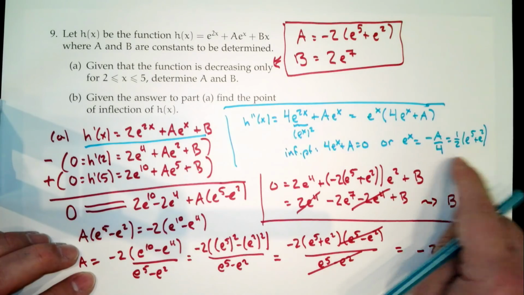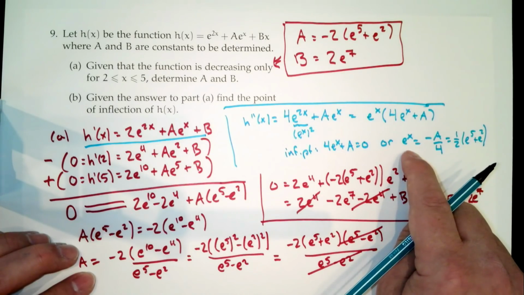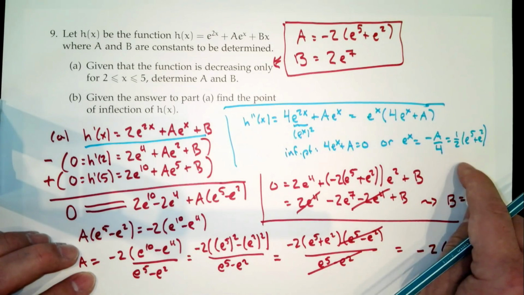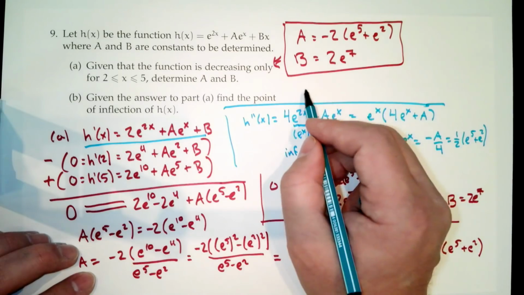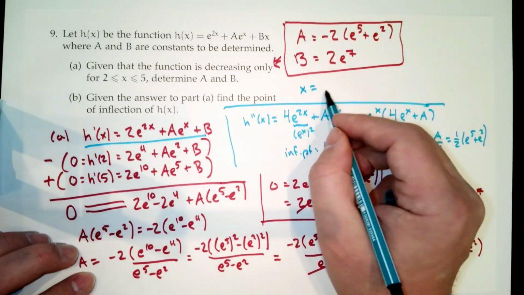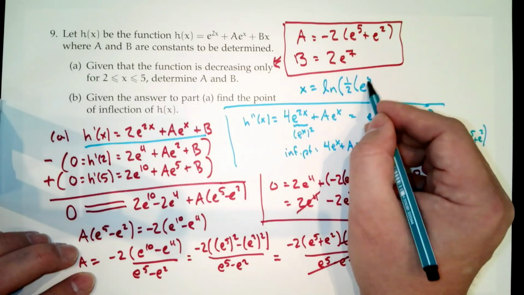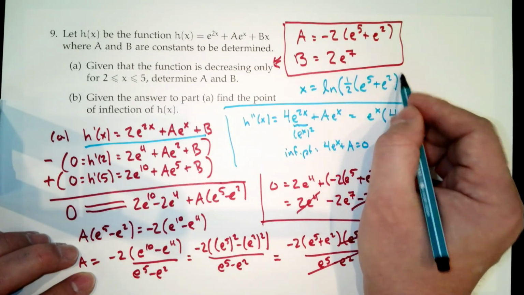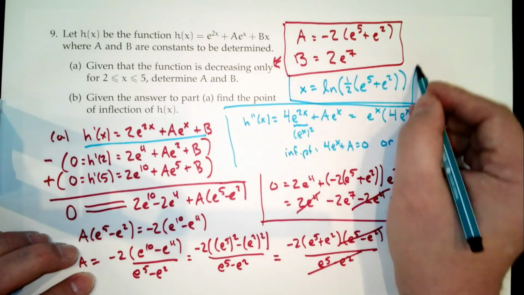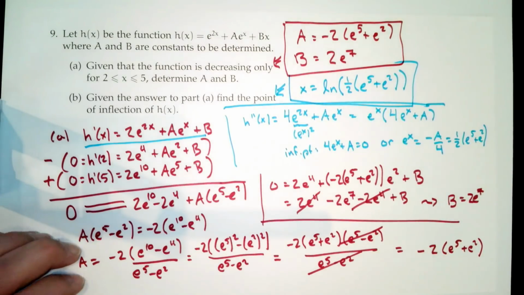So I need to get not e to the x, I need to get x. So to finish the answer, what do we do? Take the natural log. So the answer for b is that x equals the natural log of 1/2 e to the 5th plus e squared. So that's the answer for b.